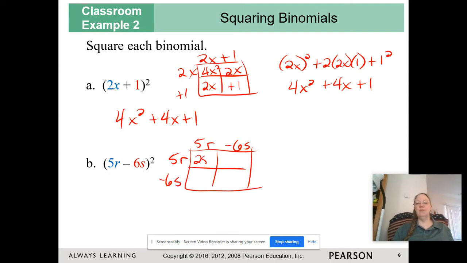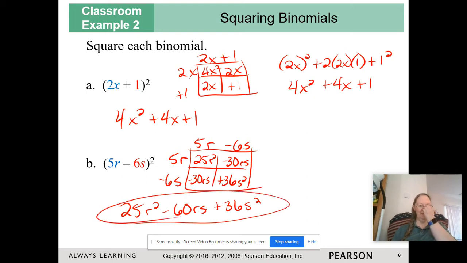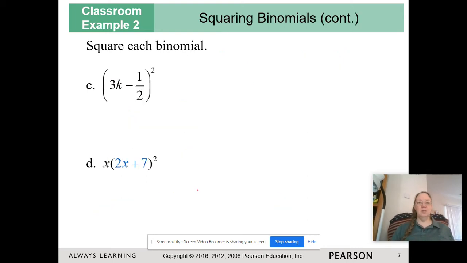So 25r squared minus 30rs, another 30rs, and a positive 36s squared for a total of 25r squared, minus 60rs, plus 36s squared. All right. Use a box.